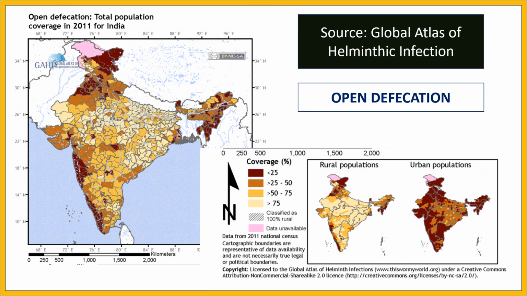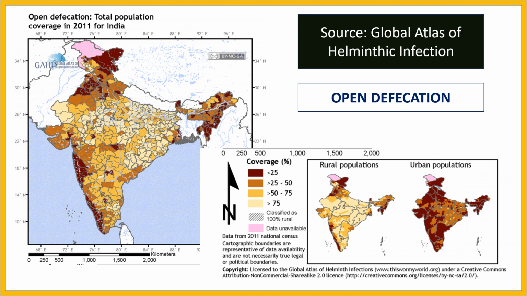So let's see about the open defecation system in India. There is data which shows less open defecation by the maroon color, which is less than 25%, and the highest is shown by the light pink color, which is more than 75%, or the light brown color, which is between 50 to 75%.